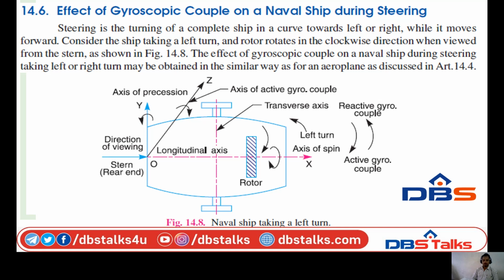But now we are considering the left turn when the rotor is rotating in the anti-clockwise direction. What will happen to the reactive gyroscopic couple? It is opposite to the earlier case, that is lower the bow and raise the stern.